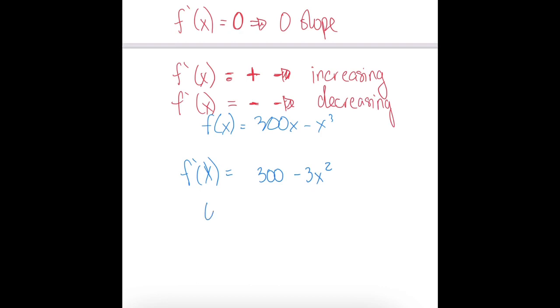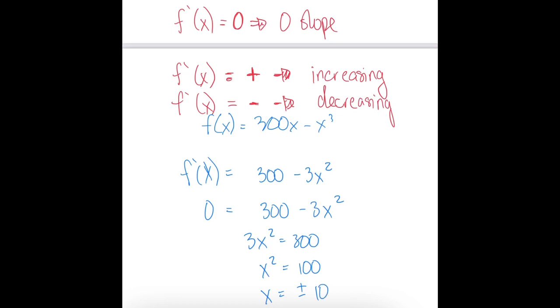So let's set this f prime of x equal to 0. And we have our derivative here. Let's bring that 3x squared to the other side. All right, I'll divide both sides by 3. So x is equal to, remember, plus or minus 10.